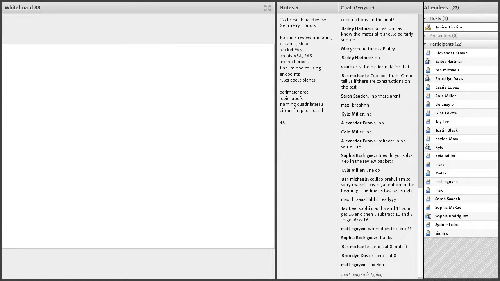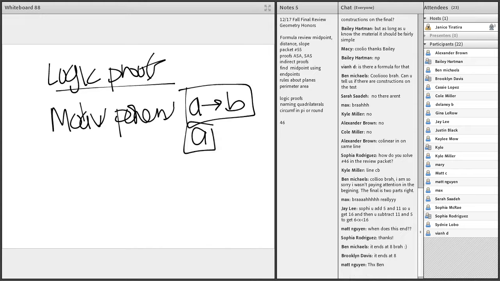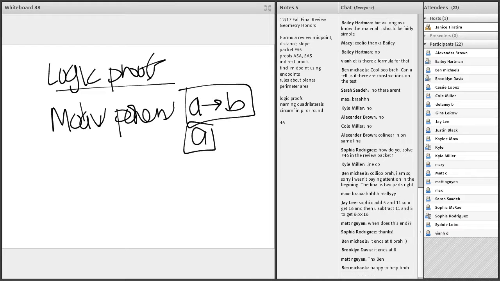Let's see, the next one is logic proofs. Okay, so logic proofs, you have to remember a few things. You need to know what modus ponens is. Modus ponens is if you have arrows. If you have this as your given, and then the first part, then your answer is the second part.